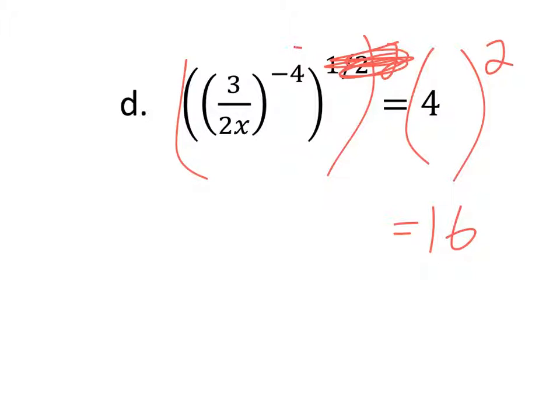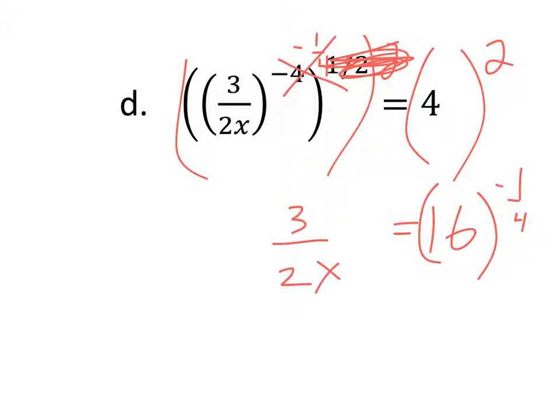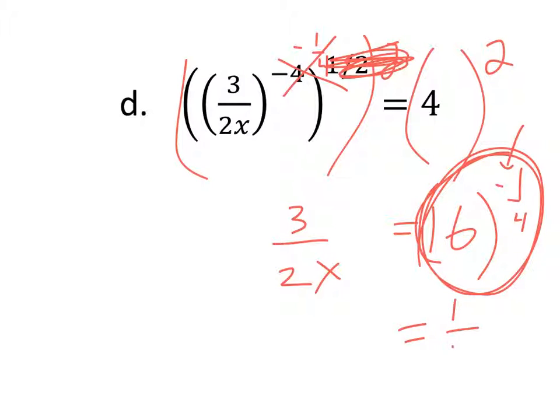Next, what if I put it to the -1/4 on both sides? Then this cancels. And I've got 3 over 2x equals that. Now I've got to simplify a little bit. What is 16 to the -1/4? Hint, 1/4 power means 4th root, which is 2. But then I've got to do negative that. It's not -2, it is 1 over 2.